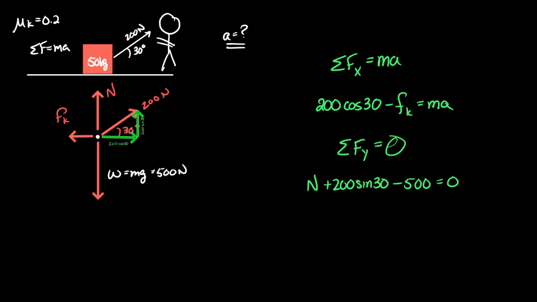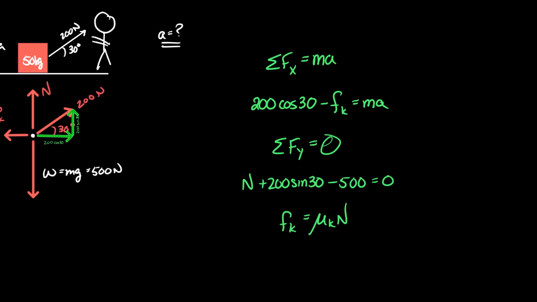All right, let's see. I think we can find the normal force, don't you? And I'll remind us that we have another thing that we can bring here. Kinetic friction is equal to mu times the normal force. If I can figure out the normal force, I can figure out the frictional force. So let's go with it.